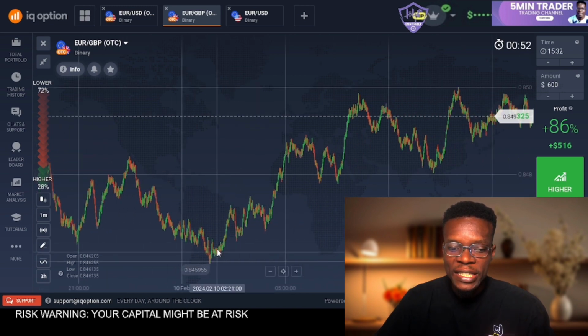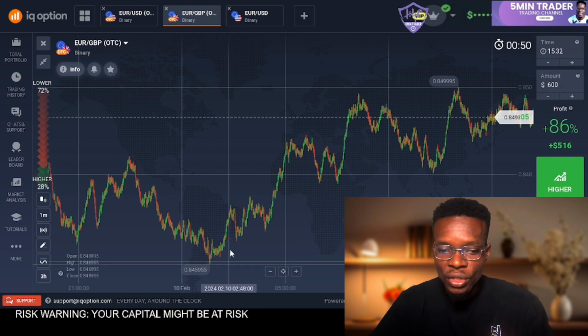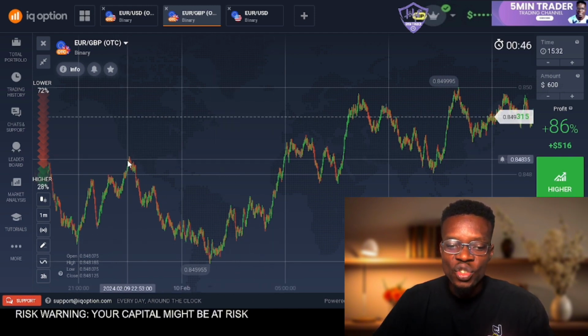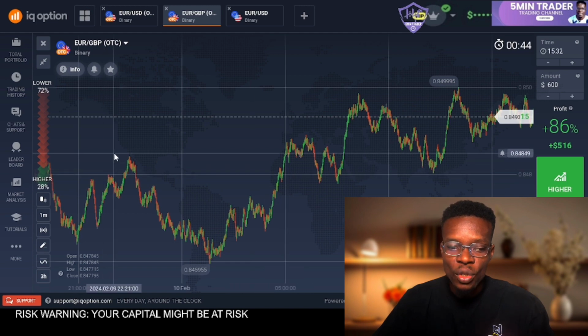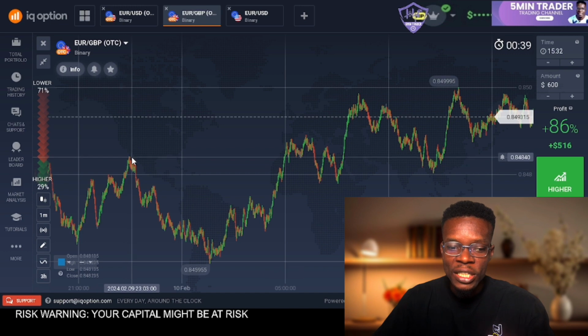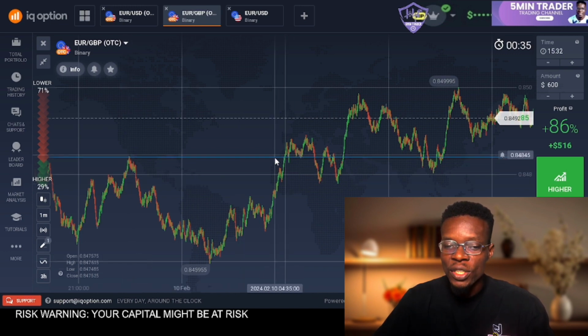And when the price hit this low on this level, you saw that the price starts to rise, and this is now a lower high swing, and the price has broken this lower high swing over here. Let me apply a horizontal level. You see, this is the previous lower high swing, and the price has broken it over here.